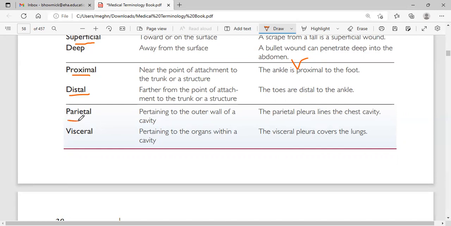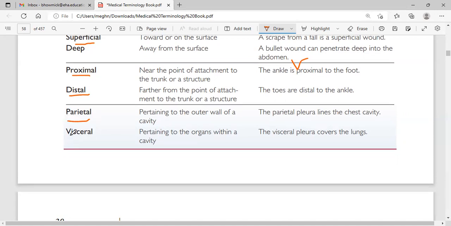What is parietal? What is visceral? Parietal pertains to the outer wall of the cavity, and visceral pertains to the organ within a cavity. So the parietal pleura lines the chest cavity, and the visceral pleura covers the lungs.